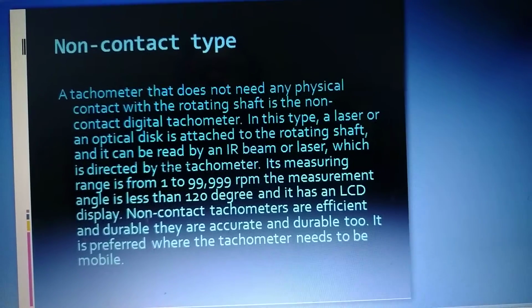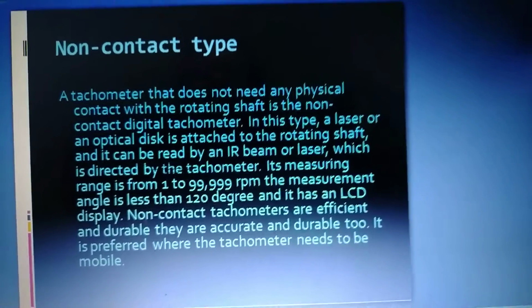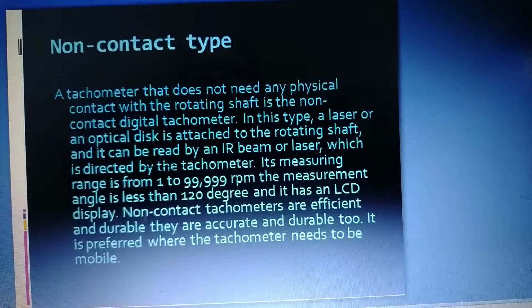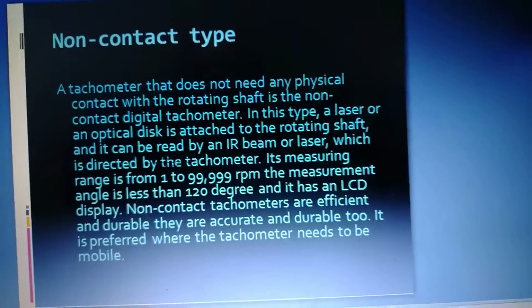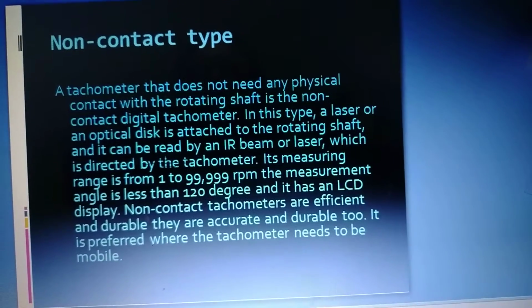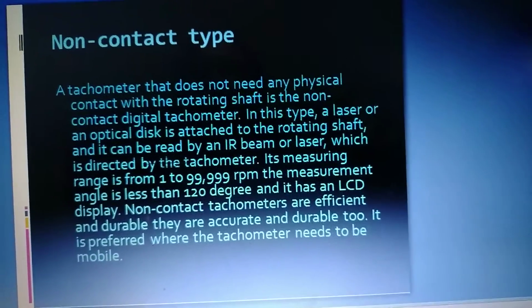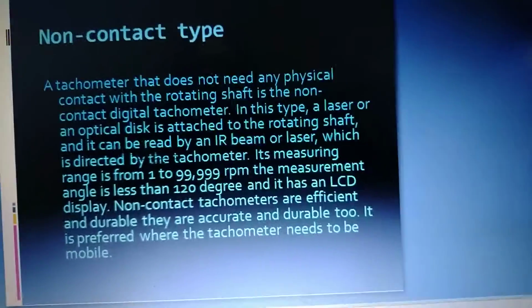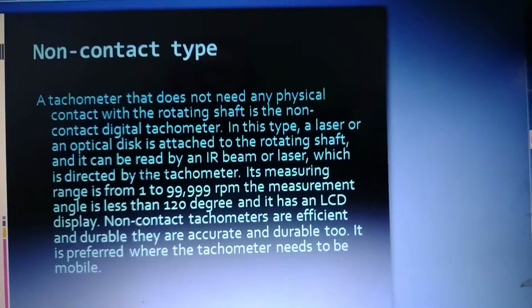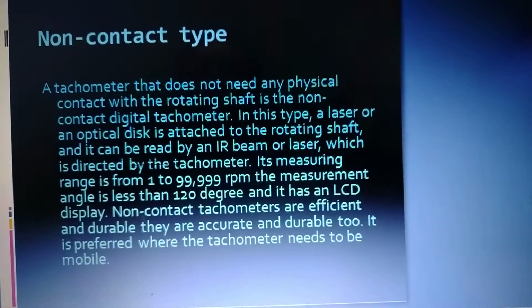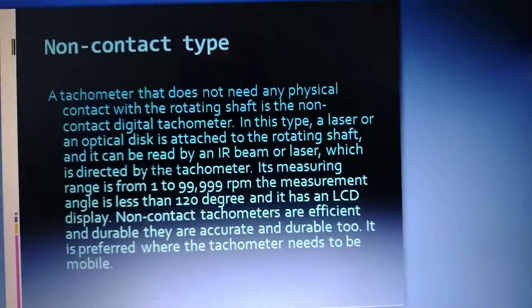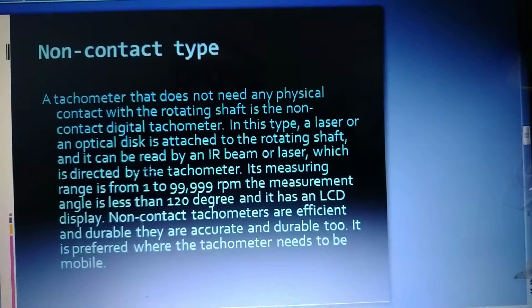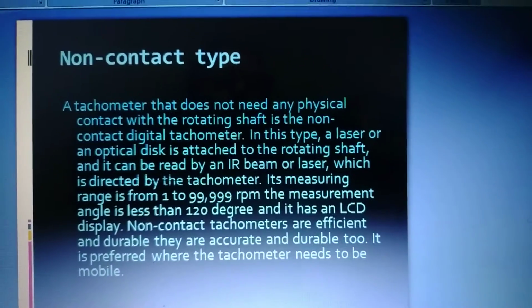It can measure a range from 1 to 99,999 RPM. The measurement angle is less than 120 degrees and it has an LCD display. Non-contact tachometers are efficient, accurate and durable, so they are preferred where the tachometer needs to be mobile. The best example of non-contact is the stroboscope.